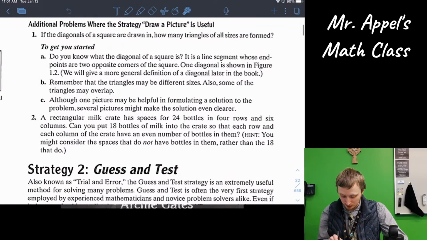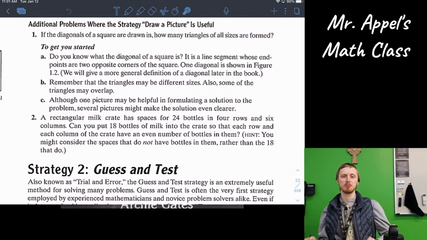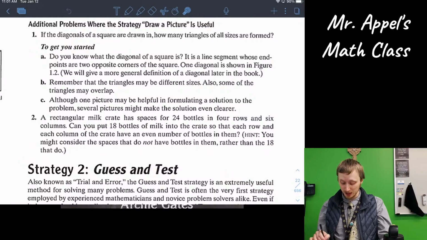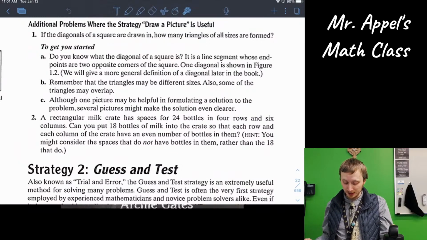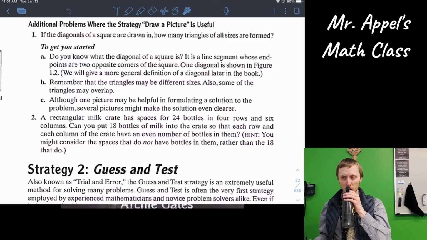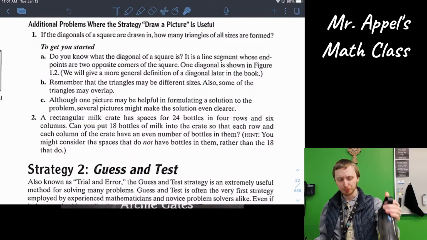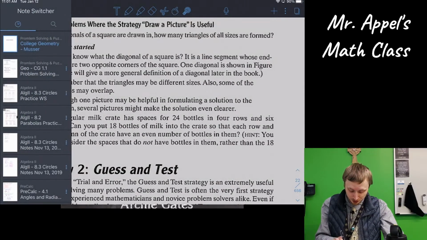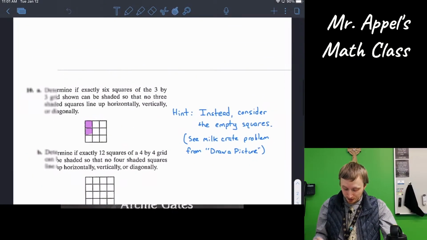Mentioned a milk crate with spaces for 24 bottles, but they only filled 18. And they similarly wanted each row and column to have an even number, right? So similar type of problem and similar type of solution. So maybe take a look at that problem and see what information you can glean from it that would help you on the other one. Okay? So there you go. There's some information to start you off if you haven't got that far already.